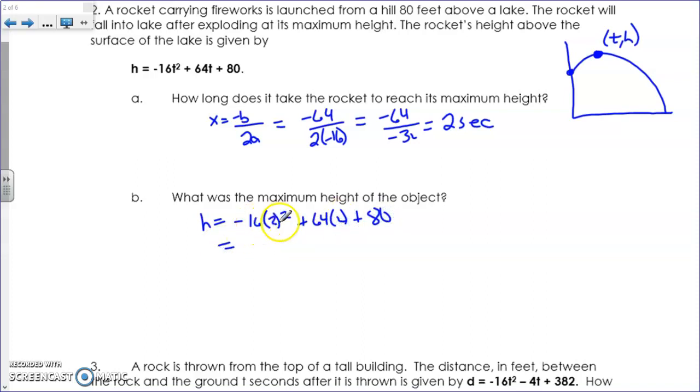So that's going to give me negative 16 times 4 is negative 64, and 64 times 2 is 128, and then 80. Negative 64 plus 128 is 64, plus 80 is 144 feet. So the rocket's height at the vertex would be 144.